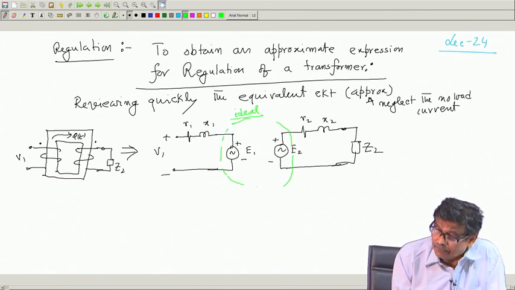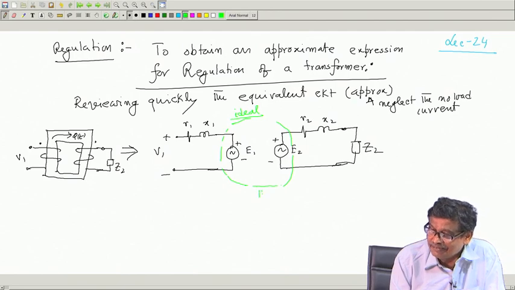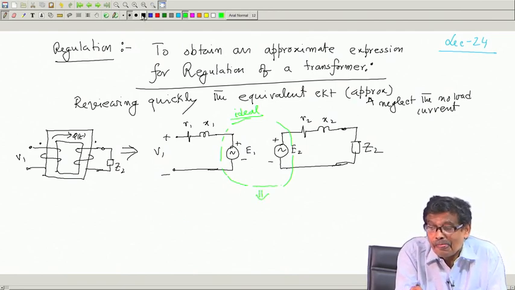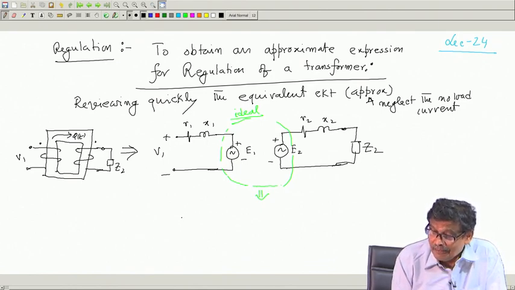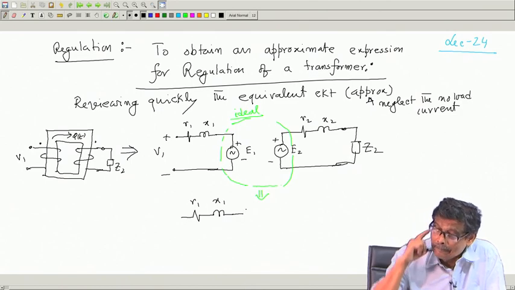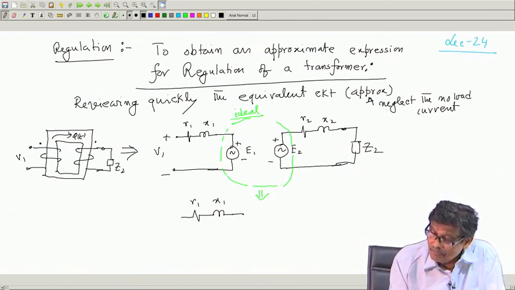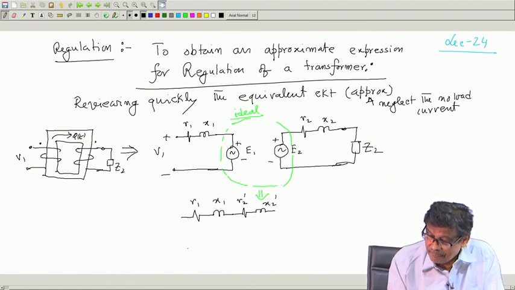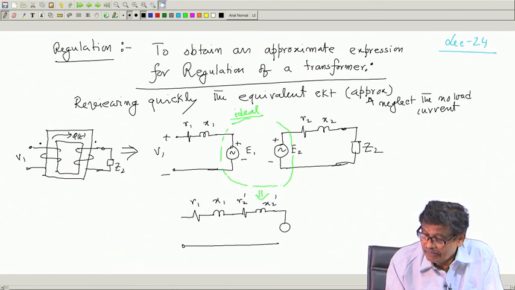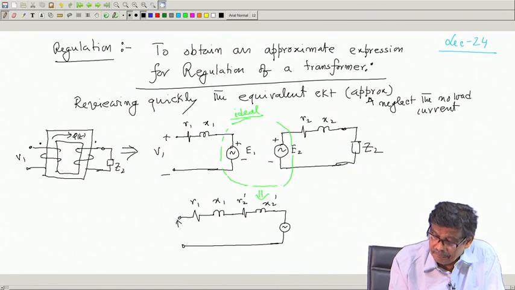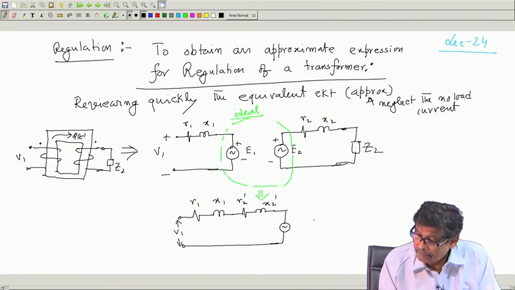What I am trying to tell is, this is the same as this thing, this is load.